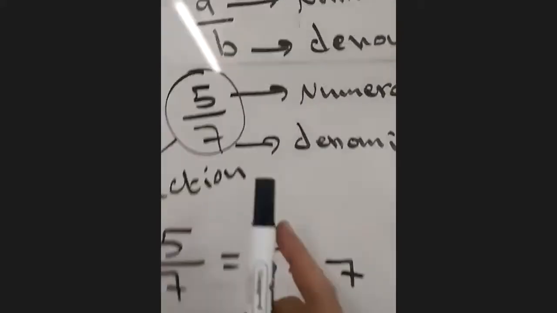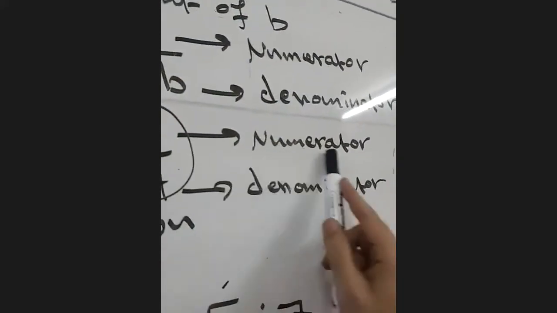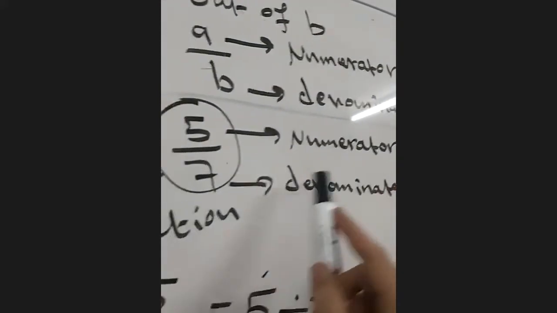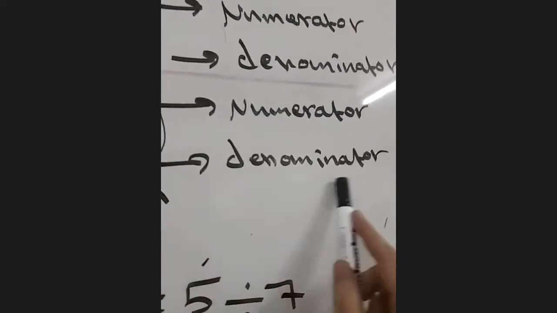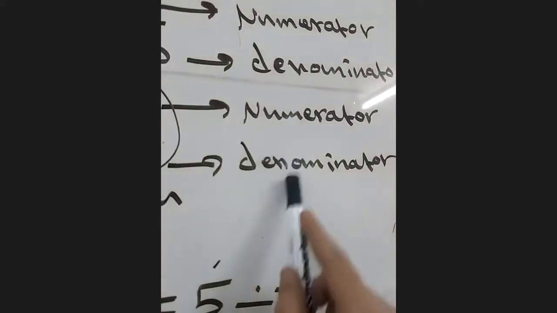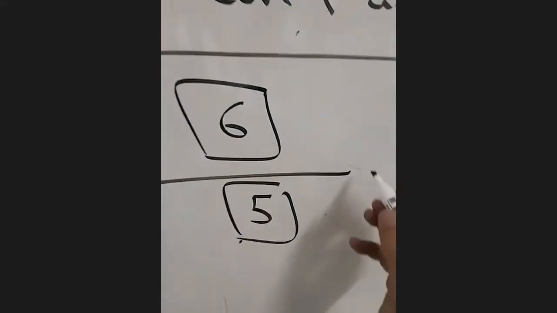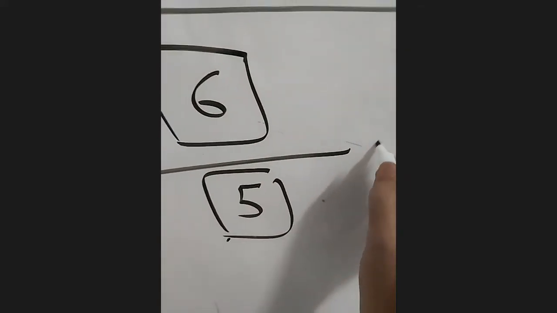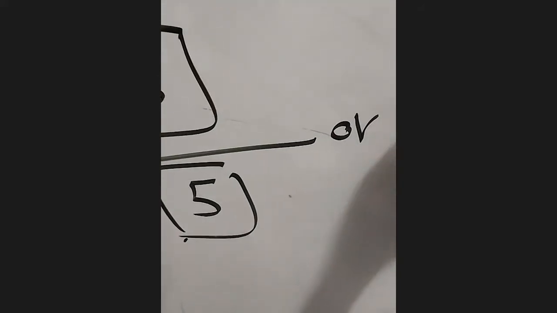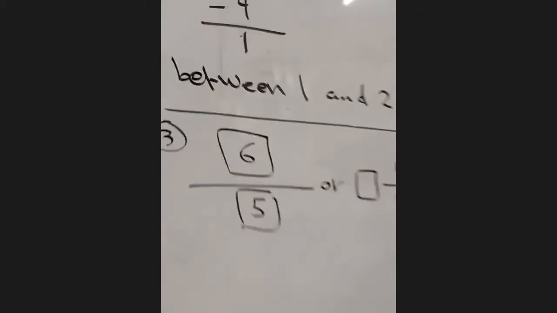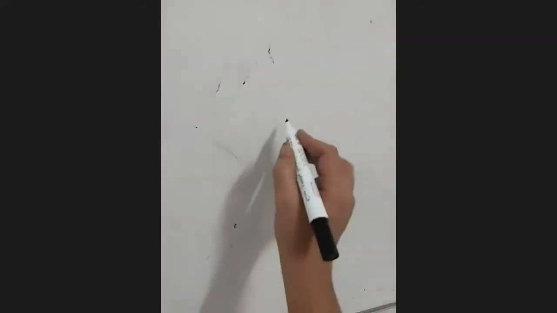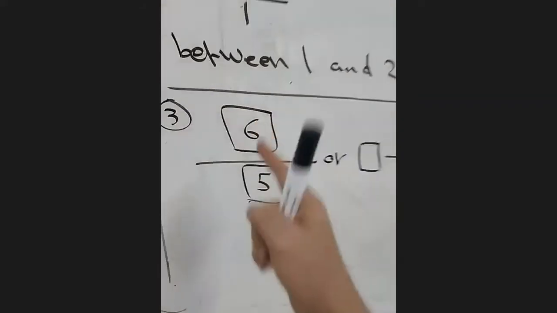Don't forget the names. The upper number, we call it numerator. The lower number, we call it denominator. It's important. Now here, we said 6/5. Now we can make it as a division.